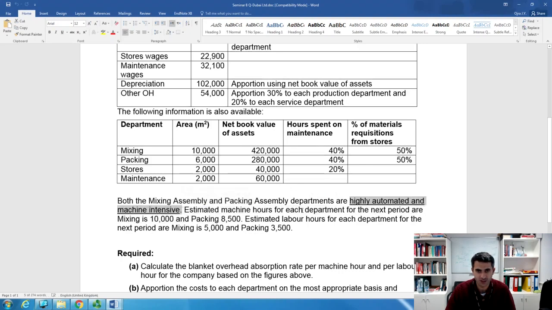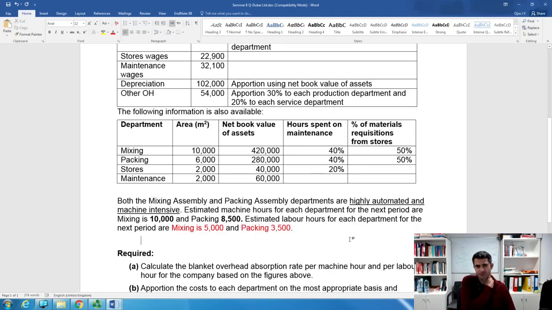And the machine hours for each department, including the mixing, is 10,000. So 10,000 here, and the packaging is 8,500. For labor, mixing is 5,000 and the packaging is 3,500.